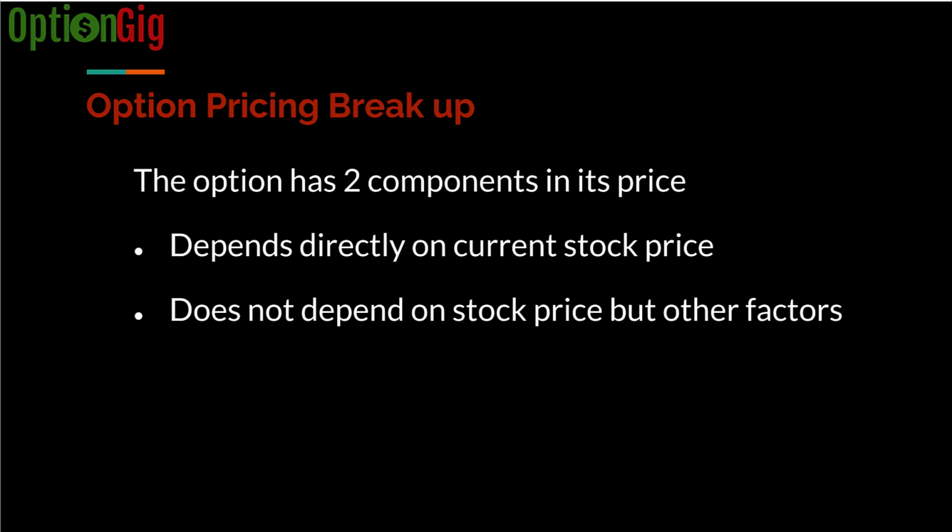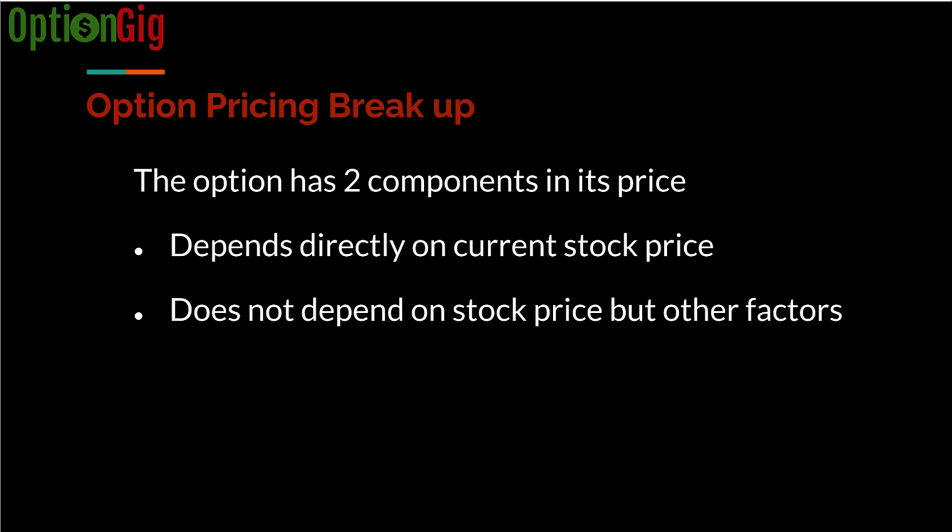First, let's understand option pricing and the various components of it. Now, an option price can be broken up into two bigger components. One is dependent directly on where the current stock price is, and the other section is not dependent on the current stock price, but on all other factors.